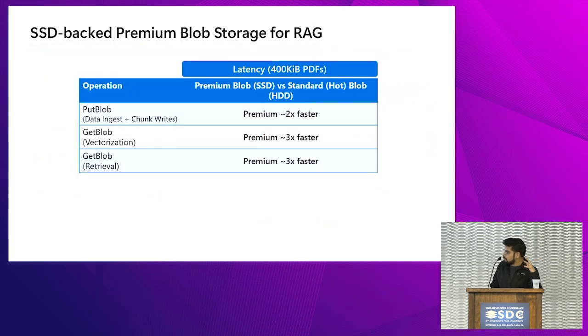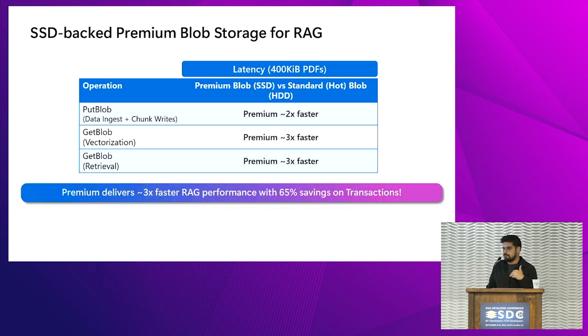This is just a comparison of premium blob against standard blob, which is HDD based. Overall, premium blob, which is SSD backed, delivers 3x faster performance. And because we are able to get much higher IOPS for the same hardware, we pass on those savings in terms of hardware back to our customers.